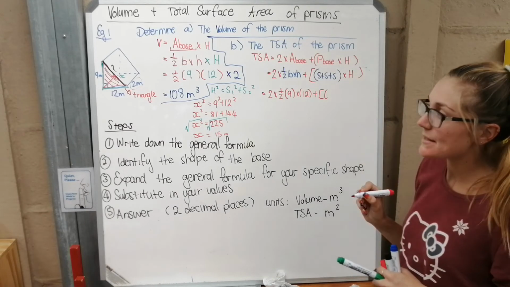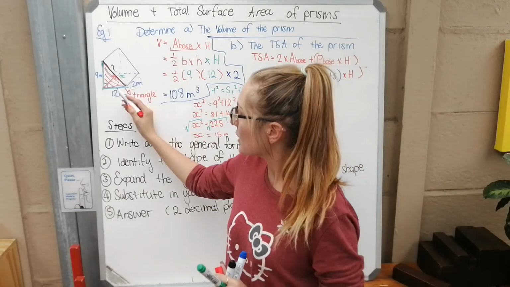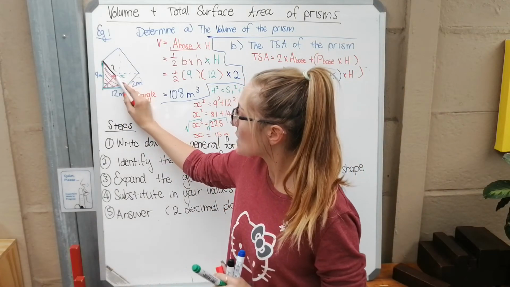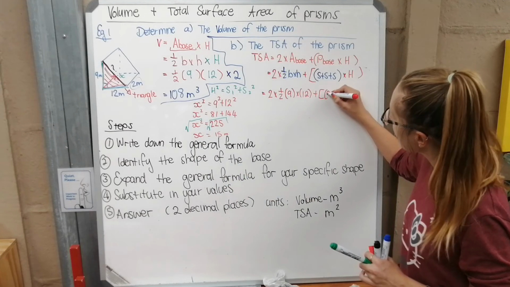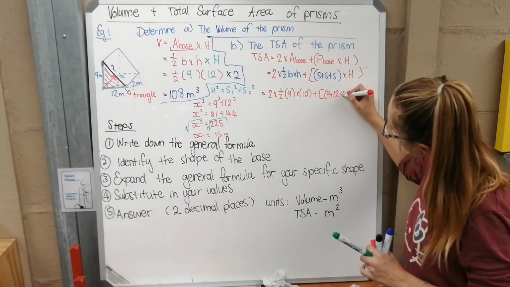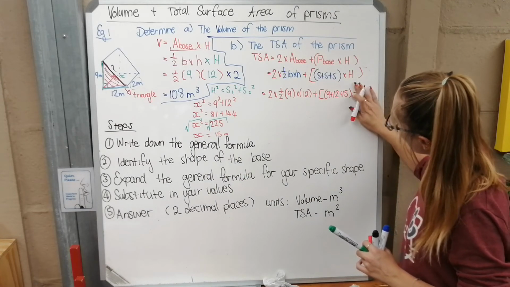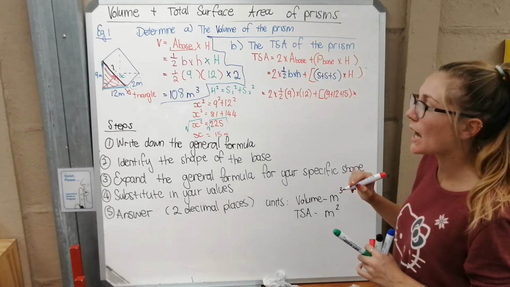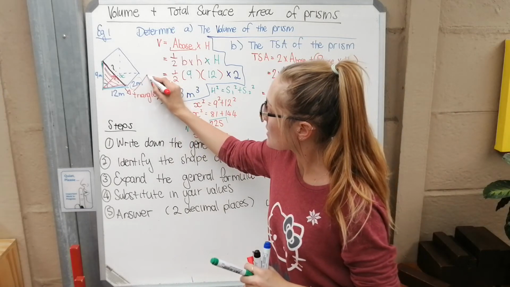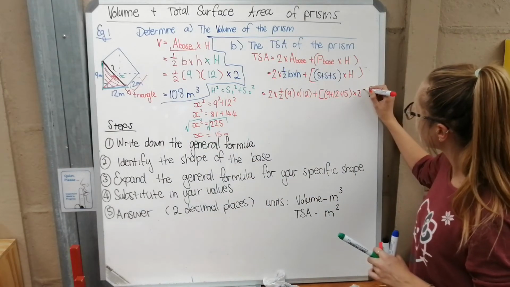Side plus side plus side, that's the 3 sides of my triangle, which are 9, 12, and this one here, which I worked out was 15. And then multiply that by the prism height, which is this distance there, which is 2.